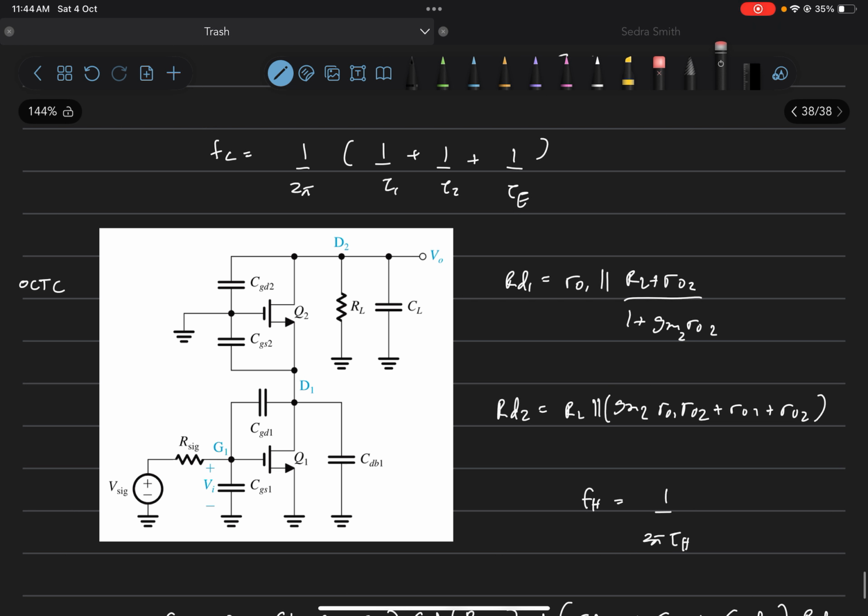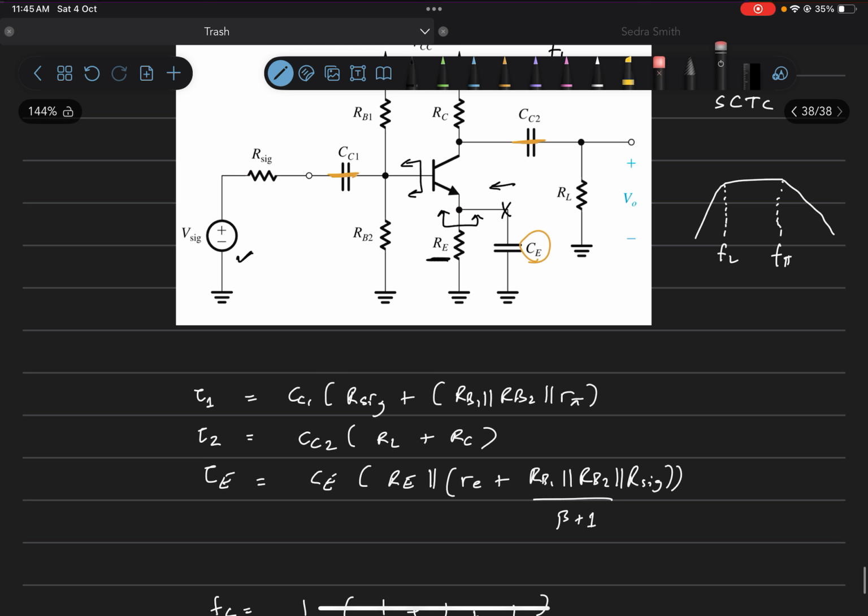The internal capacitors of the MOSFETs will short every node to ground, so that the gain at very high frequencies will drop down to 0, because the intrinsic capacitors of the MOSFETs will short the input to ground. So we'll have 0 gain at infinite frequency, so there will be some 3 dB points. These are the 3 dB points that we are talking about, and this 3 dB point will be at the corner frequency FH, which will be influenced by the intrinsic caps of the MOSFETs.